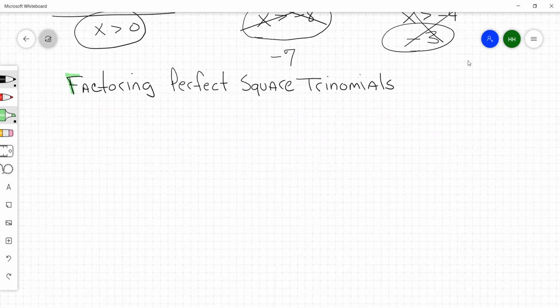All right, perfect square trinomials will look like one of three ways. The first type of perfect square trinomial you'll see will look like a squared plus 2ab plus b squared.